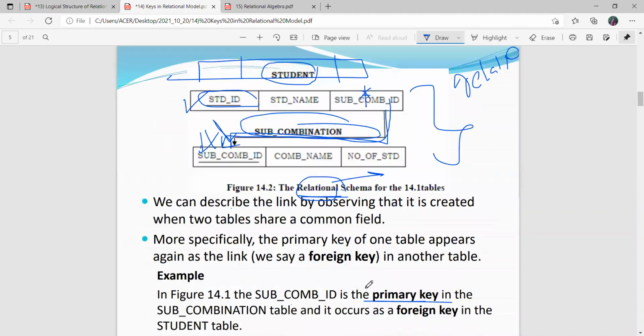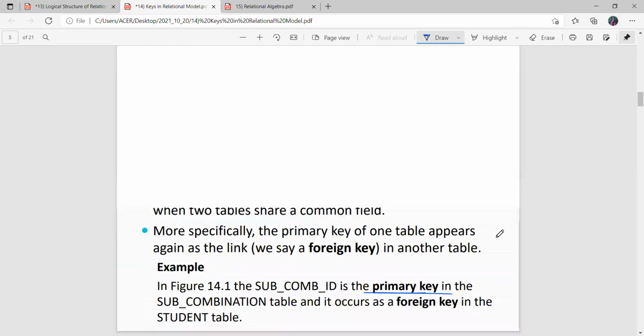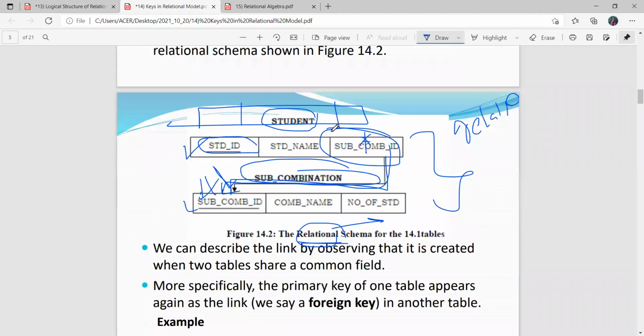So this subject combination attribute really belongs to this table, but it is available in this table also.